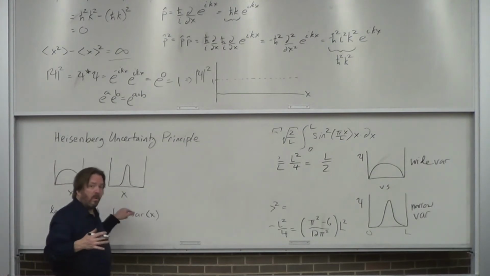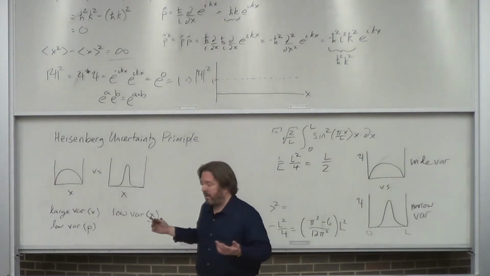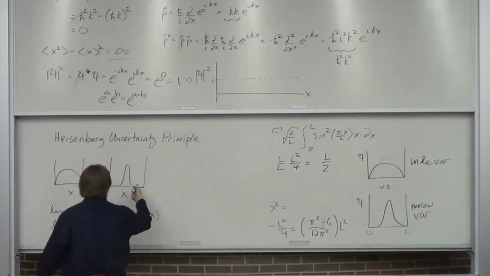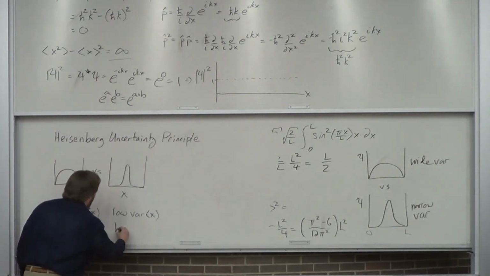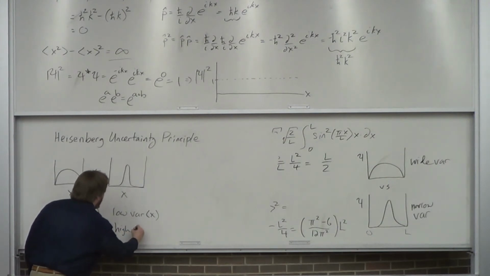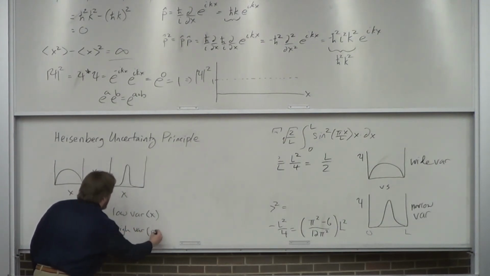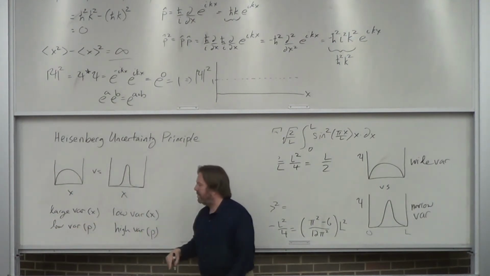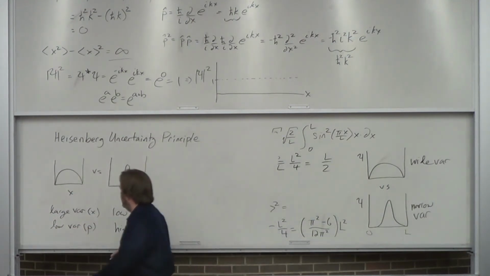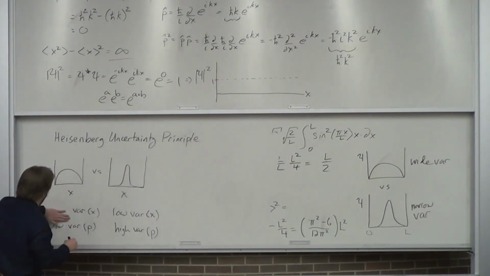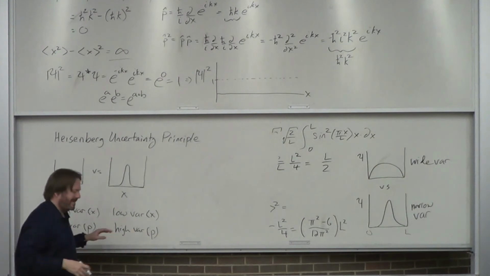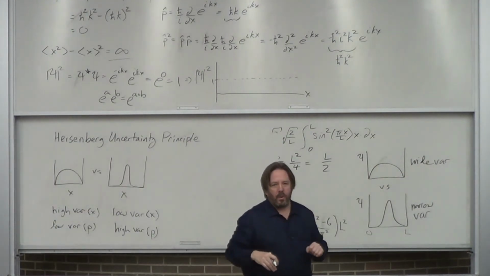And on the homework, when you come back, you're actually going to calculate that. You're going to calculate the variance in x and the variance in momentum. This thing has a low variance in x, and guess what? It has a high variance in momentum. So if one is big, the other is small. If one is small, the other is big. Anyway, they're anti-correlated.